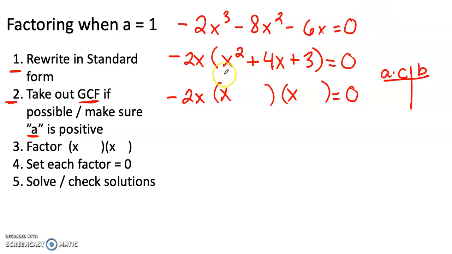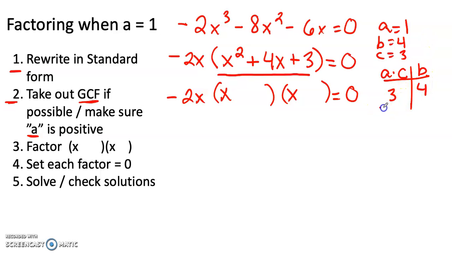So if I take a look at my new trinomial, my A is 1, my B is 4, and my C is 3. So I'm looking for two numbers that will multiply to get my A times my C. My A times my C, 1 times 3 is 3, and my B is 4.